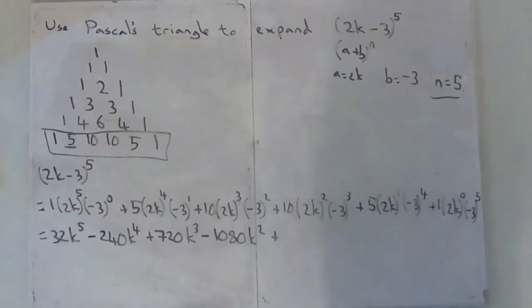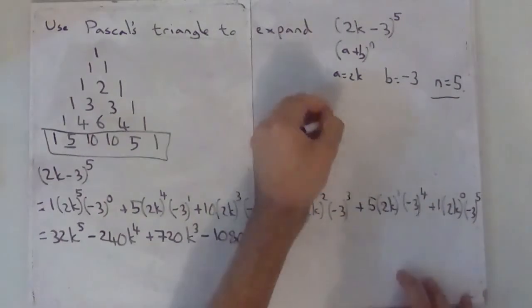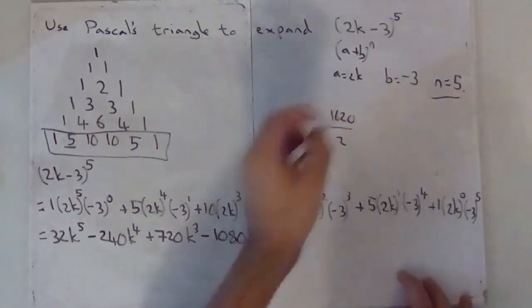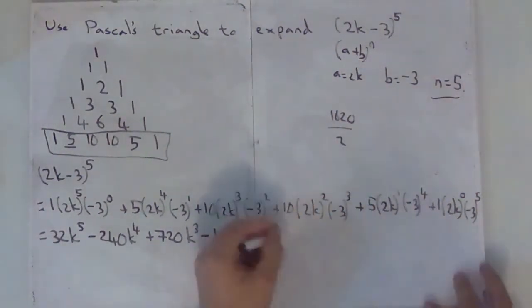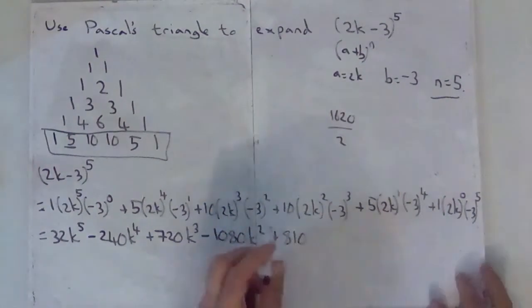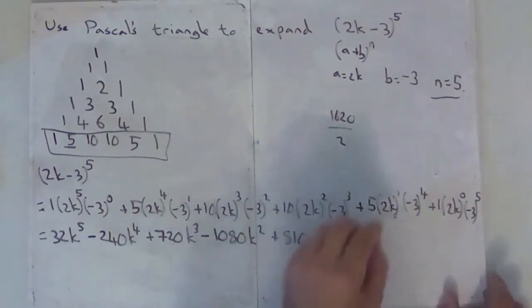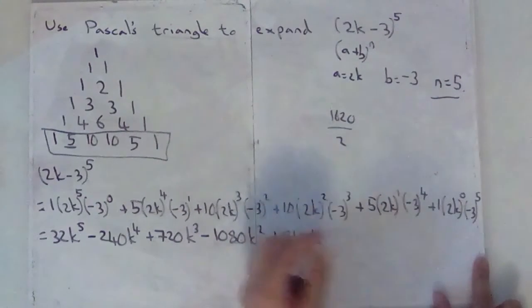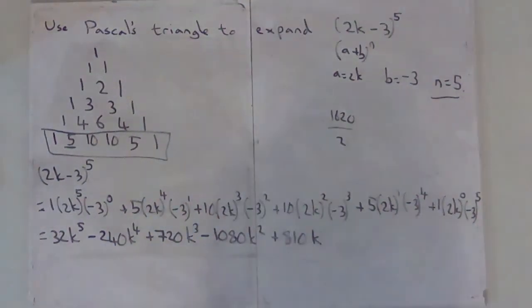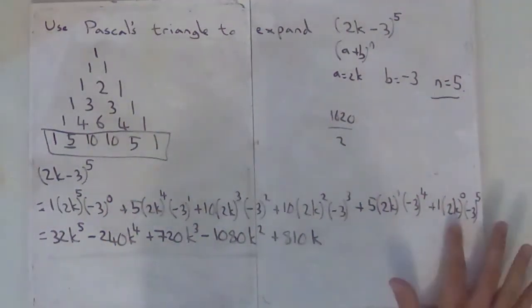If I then want to times it by 5, well, I could times it by 10, 1620, and divide it by 2. So 1620 divided by 2 is going to be 810. So 810, and it's just k.